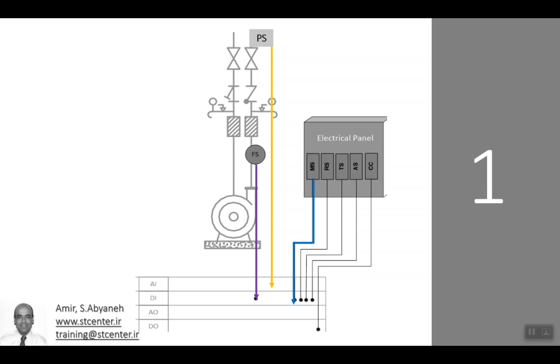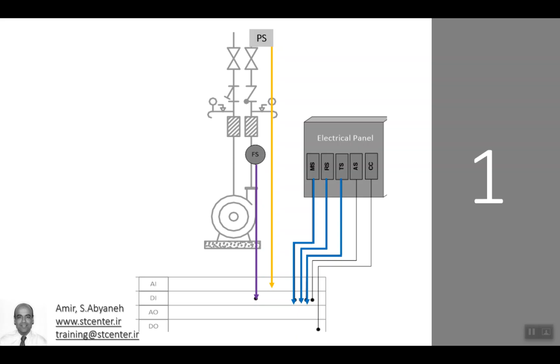From the electrical panel, we need to read if the selector switch is placed in manual, so we need one digital input. If the pump is on or off, we should read the status of the electrical panel, so we need another digital input.